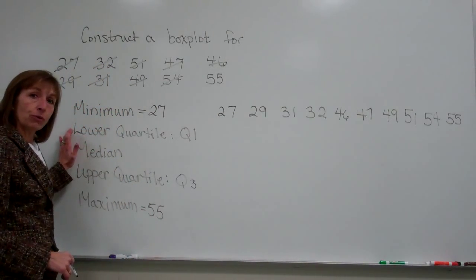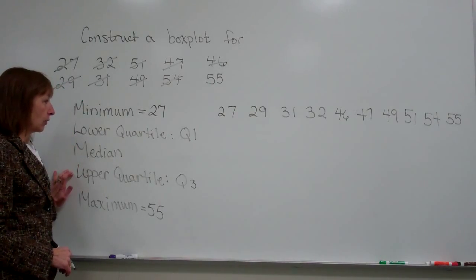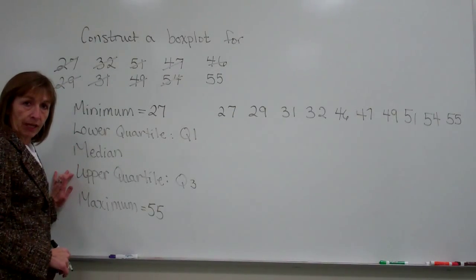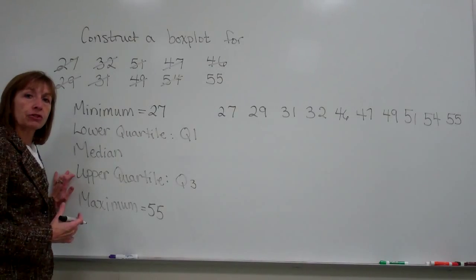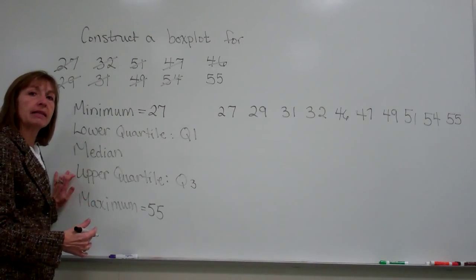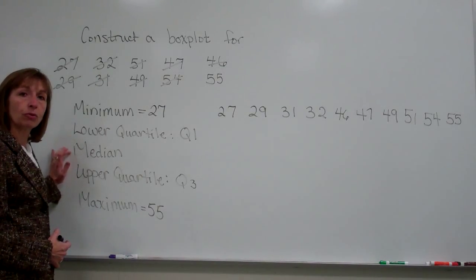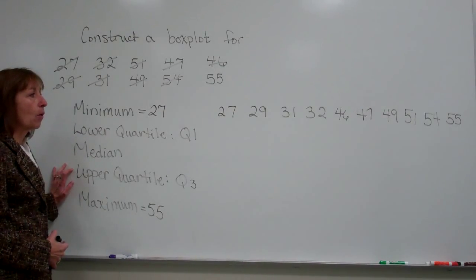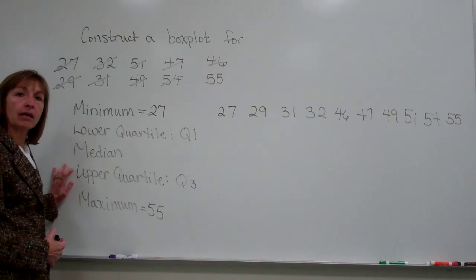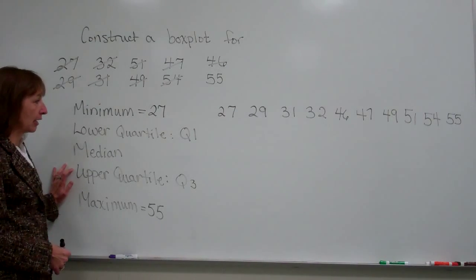Now there are different ways that you can go about finding the lower quartile, the median, and the upper quartile. So you'd want to reference your textbook to see what way they are giving you the information to find your quartiles and your medians, or look at the information that your instructor has given to you about how to calculate these.